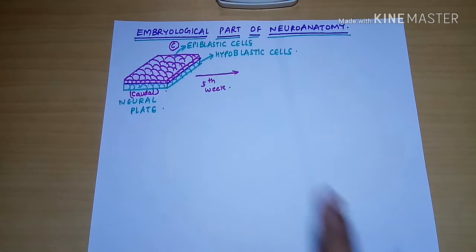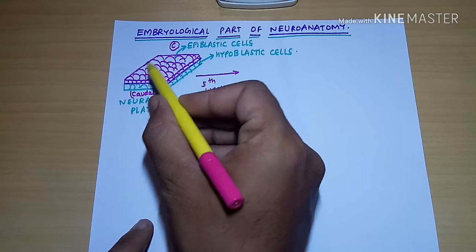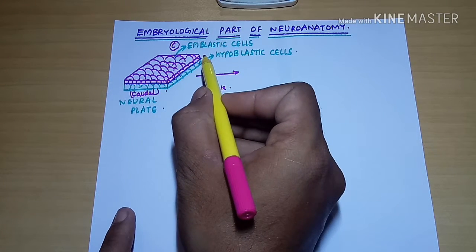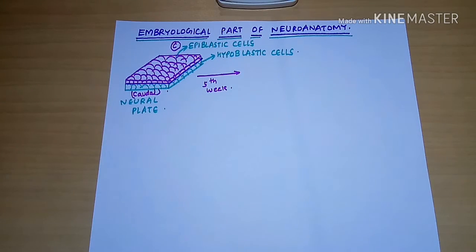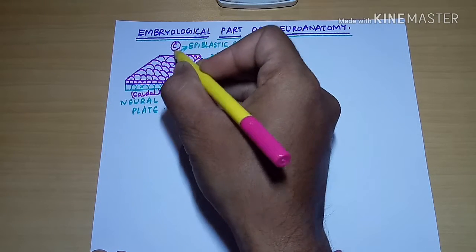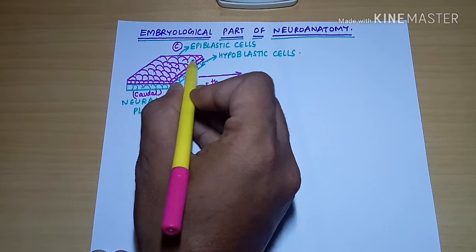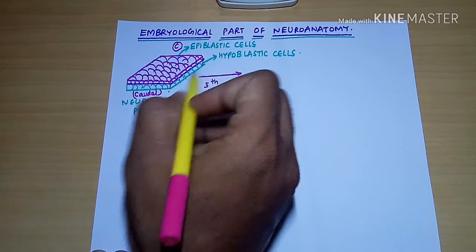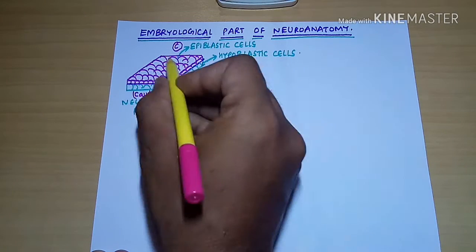At the 5th week of the development of an embryo, some cells of the epiblastic layer, the above layer, start to get folding.